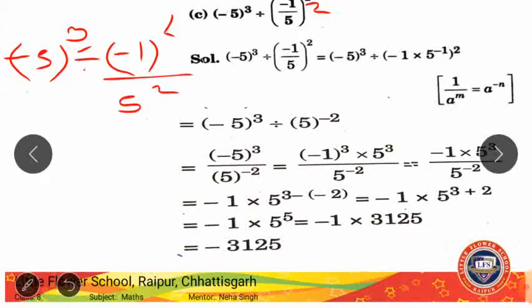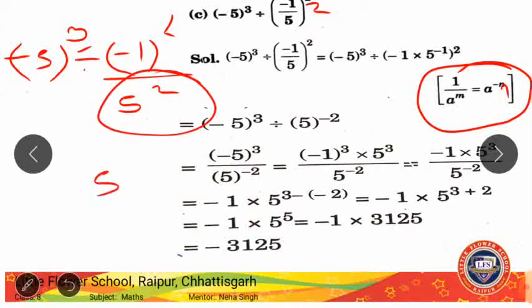Now for this 1 upon 5 square, we will use the property 1 upon a power m equals a power minus m. So this 5 power 2 will be 5 power minus 2.